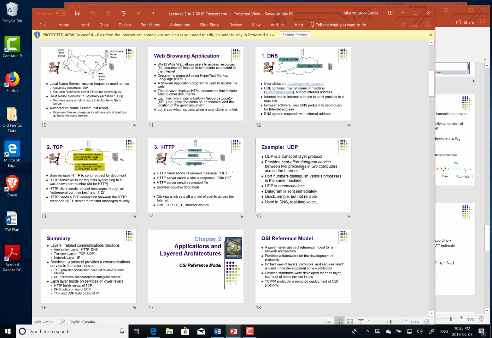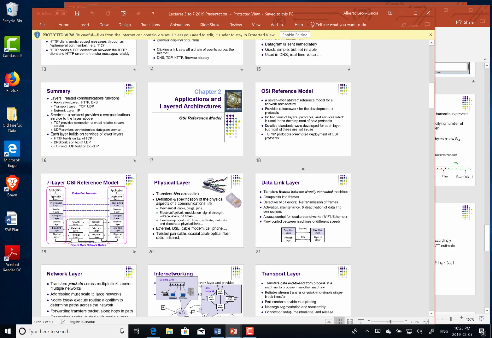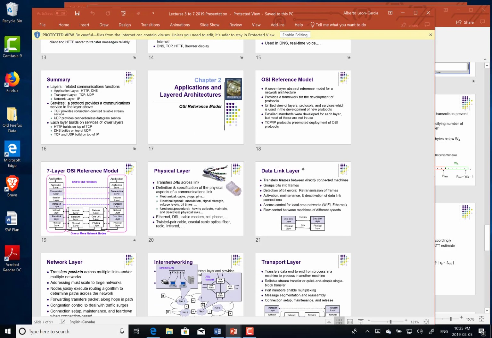Then we went a little bit into more detail in terms of the layering, the theory of layering, and the OSI reference model, which was developed to do that. We introduced a 7-layer OSI reference model, which includes the transport layer and application layer we had discussed before, but that has others. At the very bottom, there's a physical layer, which deals with the transfer of bits between directly connected machines.